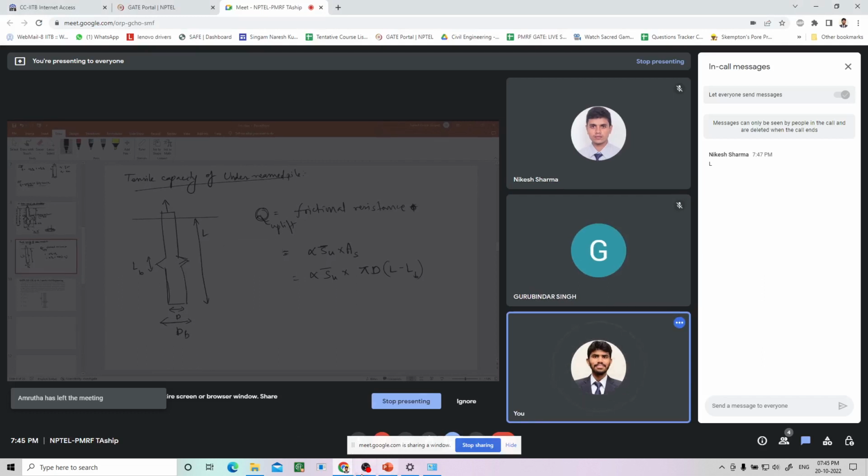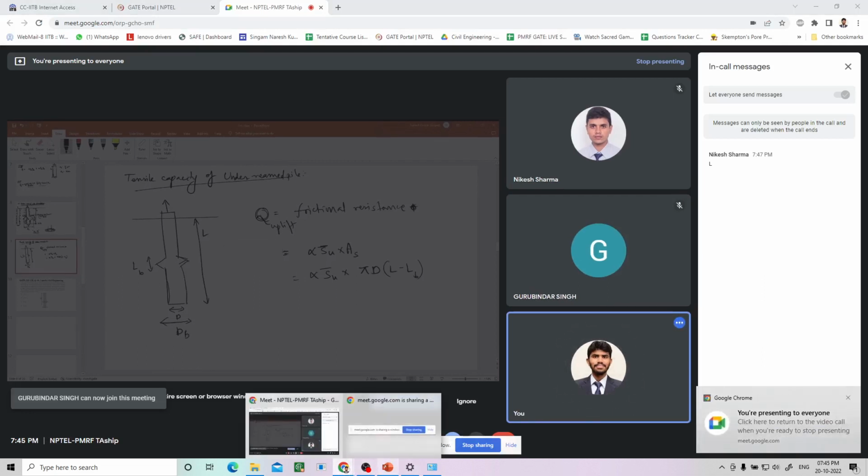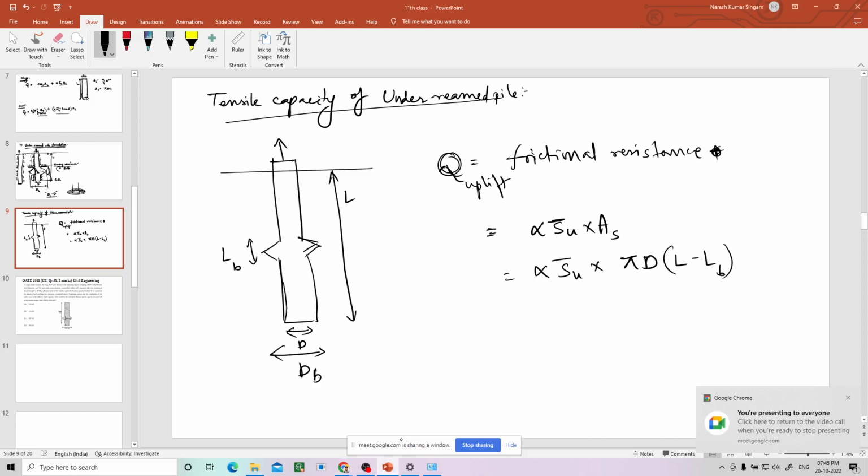It's not L, because I told you just now, only this portion and this portion will give you the resistance. This portion cannot give resistance, right? Frictional resistance cannot be developed along this LB length. That is the reason why you have to deduct that LB length. So this is the frictional resistance due to this upward load. Yes, the L is correct for the normal piles.